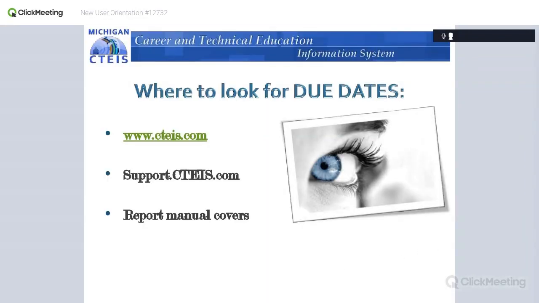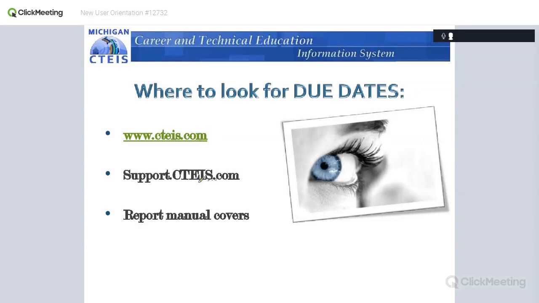As I mentioned, there are a lot of different due dates and events, and the due dates change slightly every year. I think this is a good slide to look into all the different resources that are available to you. The first one is the CTIS site itself, CTIS.com.